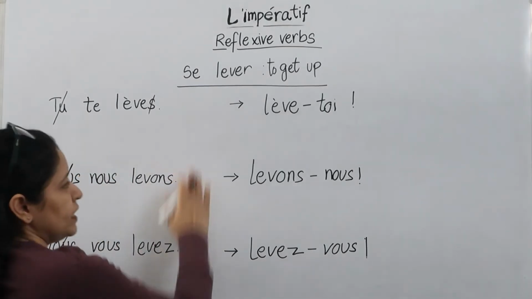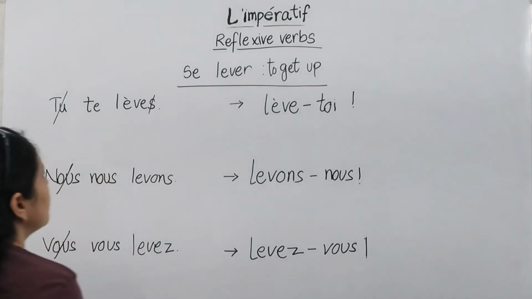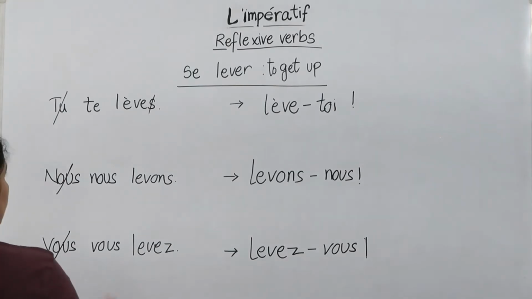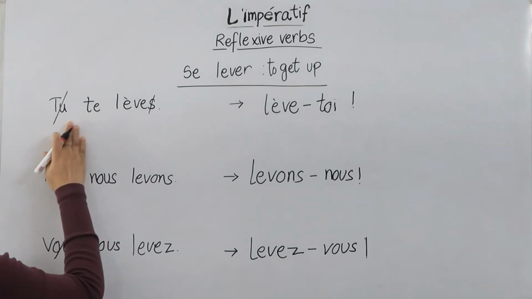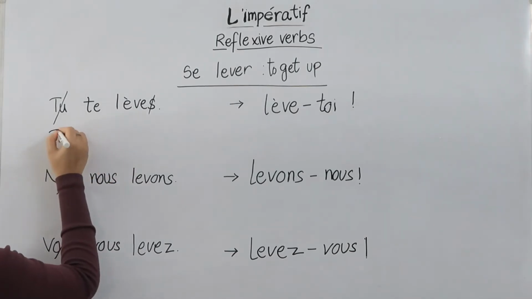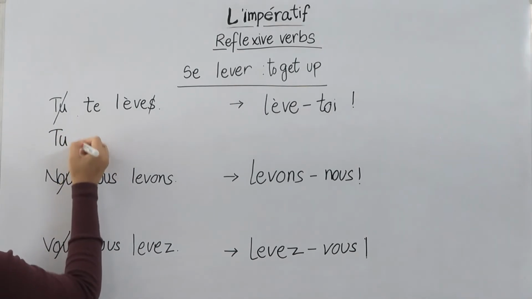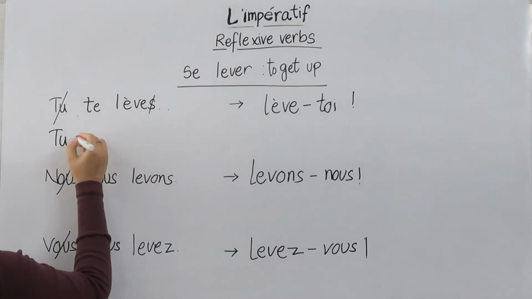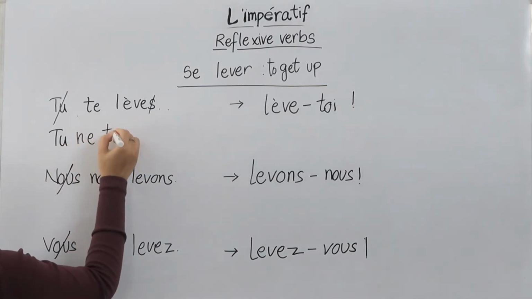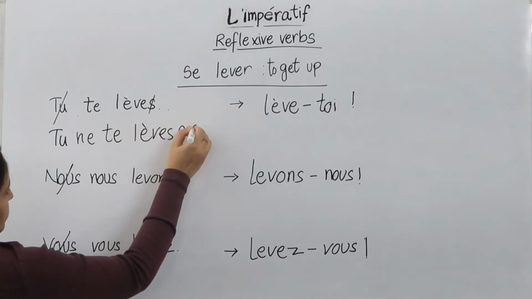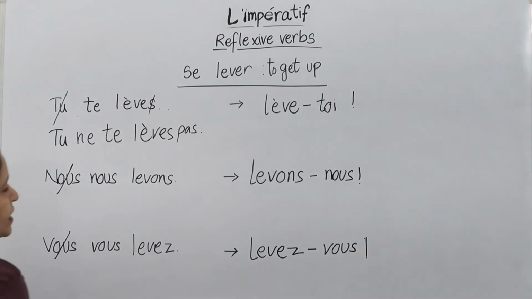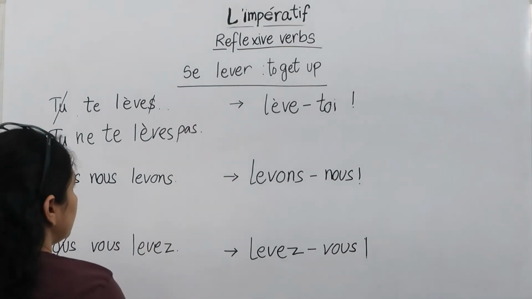Now we'll see the negative structures of pronominal verbs in l'impératif. If I negate this simple present structure, tu te lèves, I will write tu, here I will write ne, and here I will write pas. So it should be tu ne te lèves pas. This is my simple present conjugation for this verb, se lever.